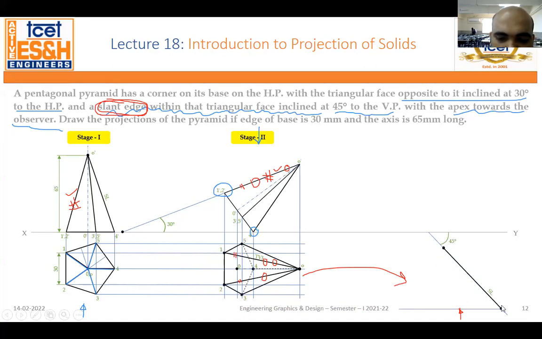ये वाली slant length कौन सी है? तो ये वाली slant length ये दिया है, 1O का distance लिया which is similar to this, 1 dash O dash का distance लिया and then this is being marked. What is this distance? ये random दिया है. This distance is random. ये mark कर दिया.